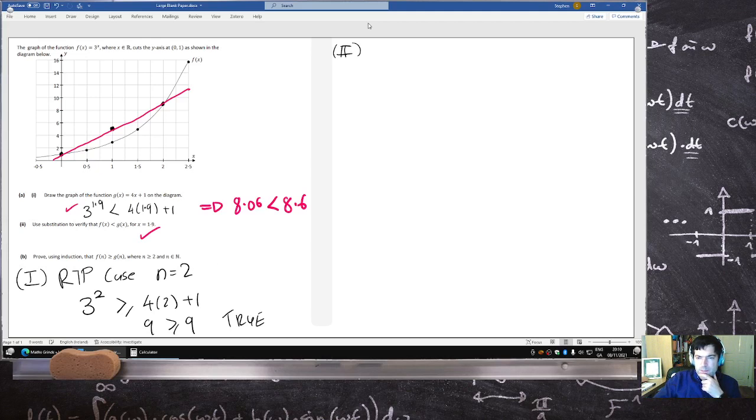2, we assume it's true for case n equals k.